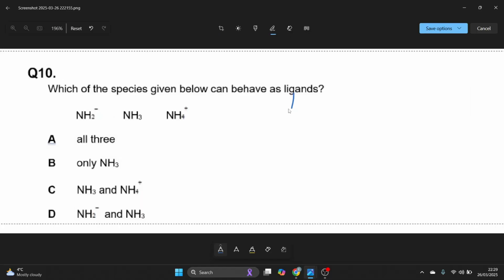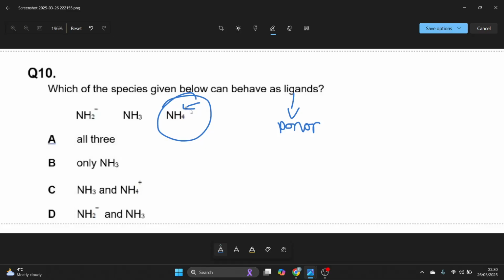Question 10, which species given below can behave as ligands? So remember, a ligand is a lone pair donor, right? All three, only NH3, all three, no. That definitely can't behave as a ligand, it has a positive charge.